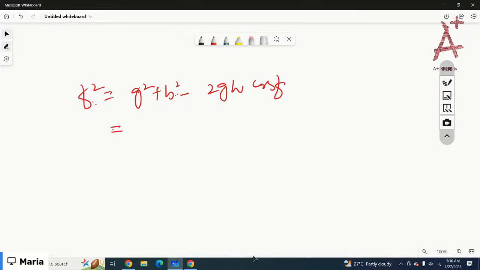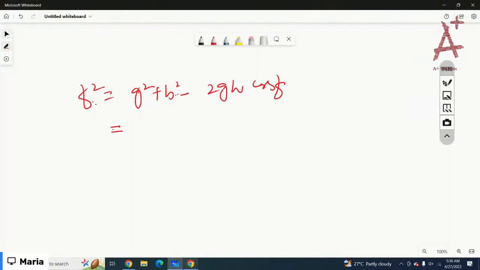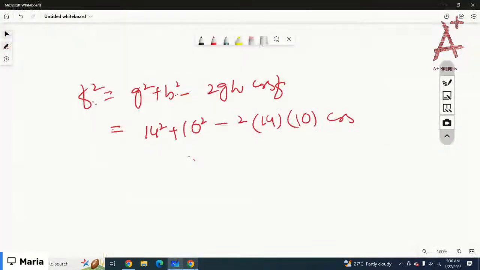Let's just put in the values g and h. G is 14, h is 10. 14 square plus 10 square minus 2 times 14 times 10, and that would be cos of angle 38 degrees.